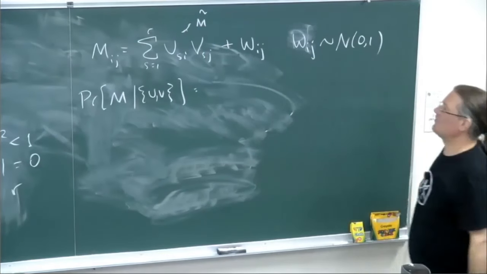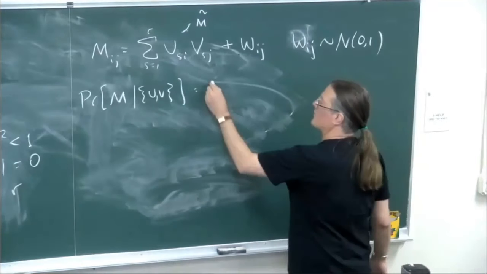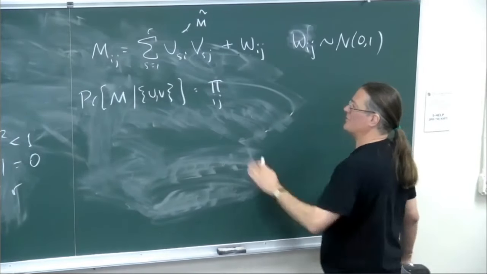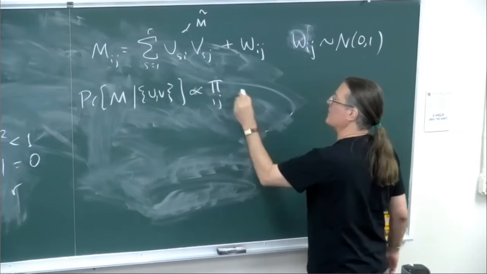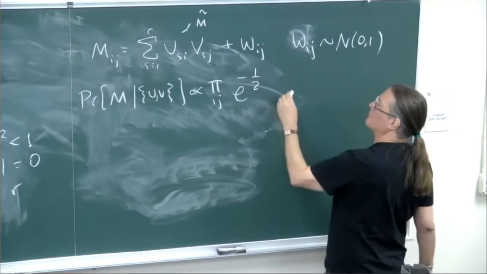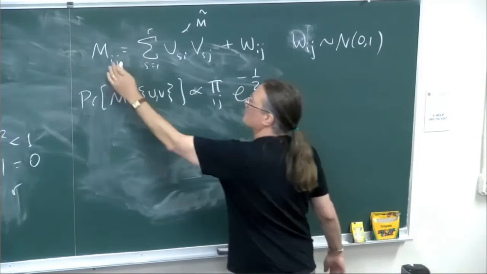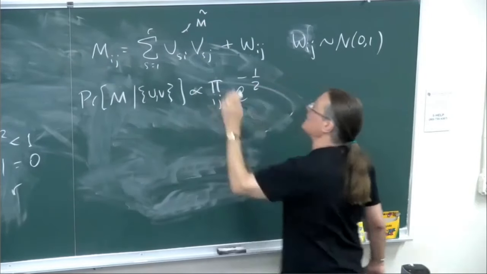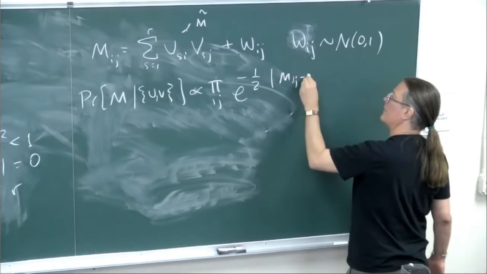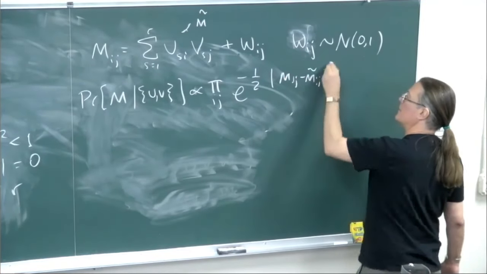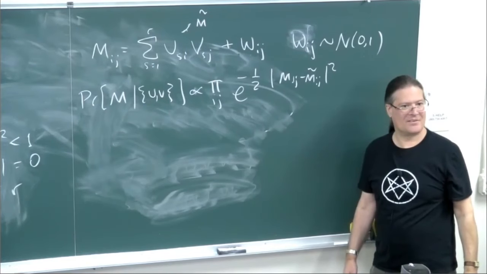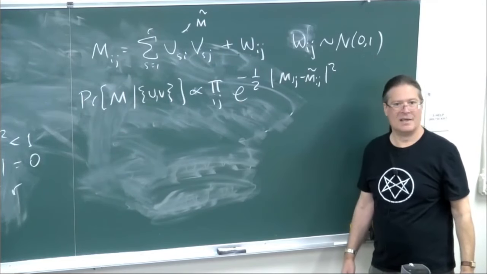If the noise is Gaussian and independent, well, this is just the product over ij of the Gaussian distribution, which up to a constant is e to the minus a half times W_ij squared. But what is W_ij? It's the difference between M_ij and M twiddle_ij, but then squared. Okay? That's the Gaussian distribution.